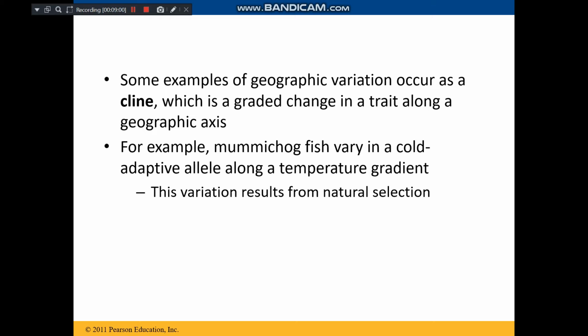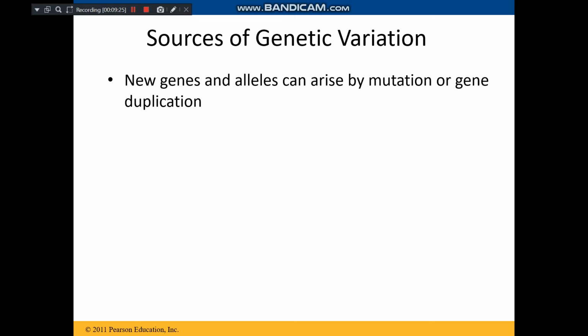Here the variation is because of natural selection, but not in the case of the mice, where it is genetic drift. Because here the nature has differences. In one it is very cold and in the other it is a temperate region. So as a result, the fish will show differences with respect to their appearance, which is because of natural selection.